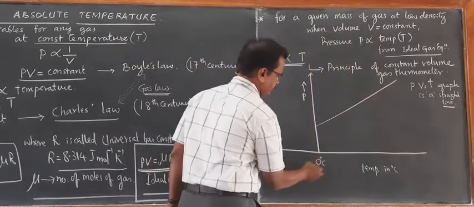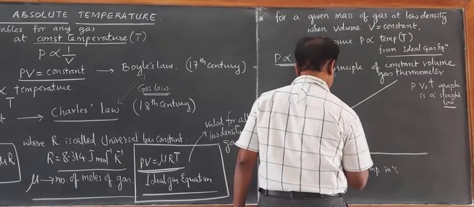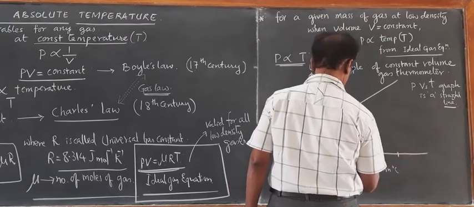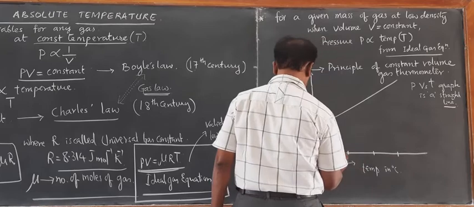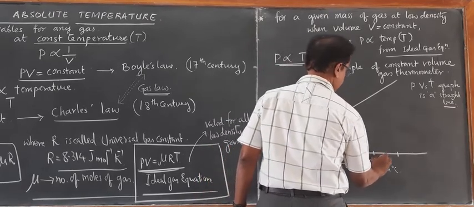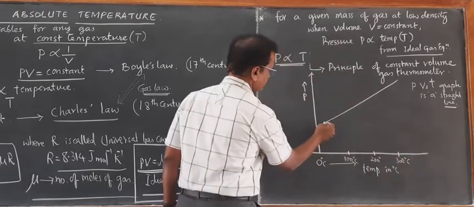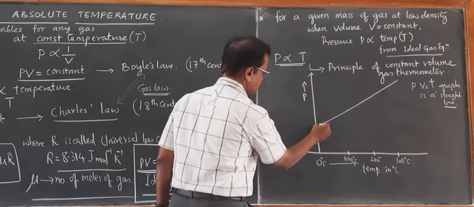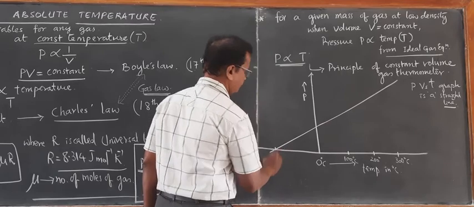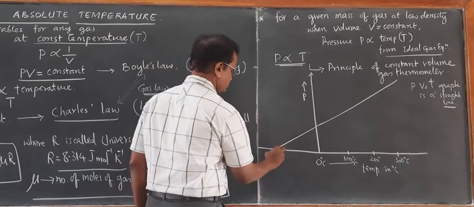Now, that is for increasing temperature. Say the temperature is increased from 100, 200, 300 degrees Celsius and so on. In the same way, if we decrease the temperature, what happens? 100 degrees Celsius, 200 degrees Celsius, 300 degrees Celsius. This is taken in degrees Celsius. If we extrapolate this, as you go on decreasing the temperature, at one particular low temperature the pressure of the gas reduces to 0.